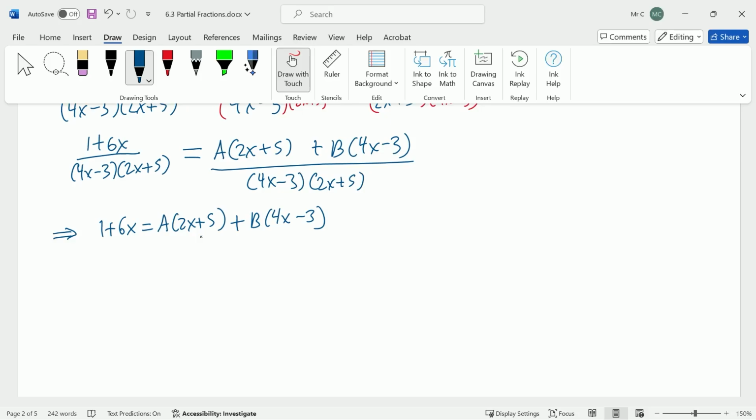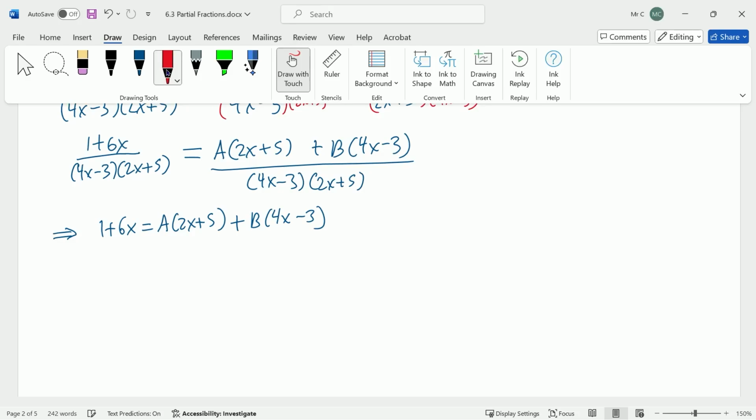Now, I could plug in any value of x and build some systems of equations, but if I'm really clever, I can pick the values of x that will make most of my terms disappear. What do I mean by that? If I can get rid of this a, I'll be able to solve for b really easy.